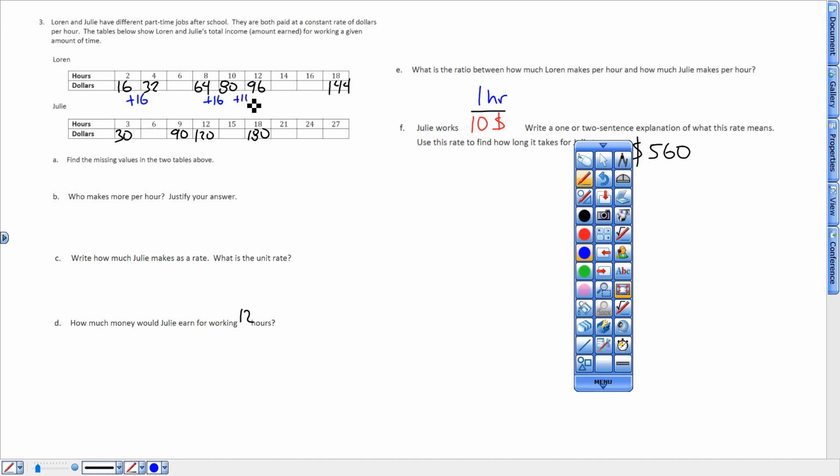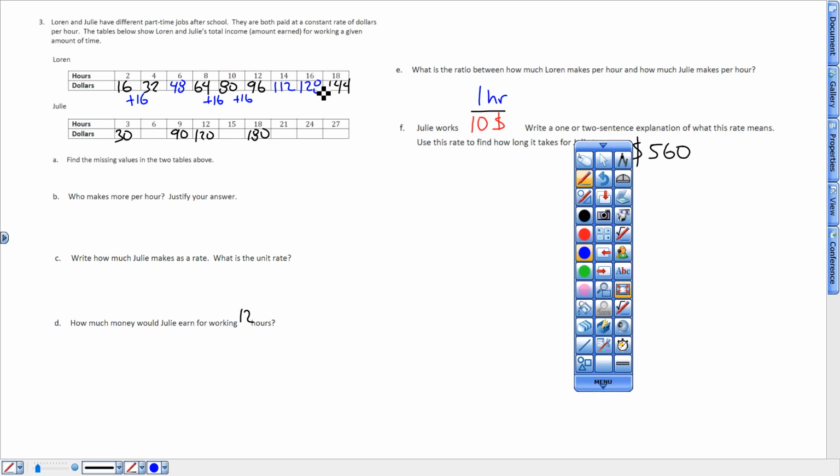That 32 take away 16, 80 minus 16, so I'm using that. So I take that 32 plus 16 will give me this first opening number, 48, plus 16 is 64, plus 16, 80, plus 16 is 96, plus 16 gives me 112, plus 16 gives me 128.